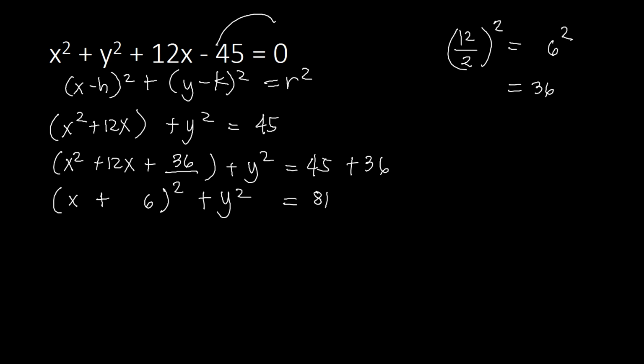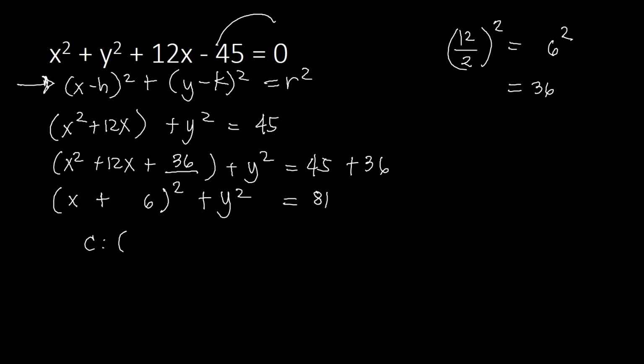Okay, so from here, we can now name our center because this is now the standard form of our equation of the circle. So we can name the coordinate of our center as, notice, if you try to go over with the standard equation of the circle, you got x minus h. But look at this one. This is a plus.